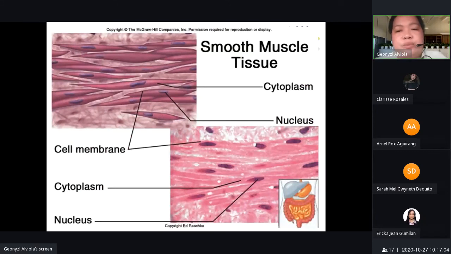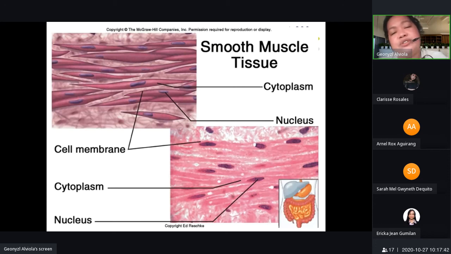Next, we have the smooth muscle. Okay, based on the appearance of the muscle cell of smooth, spindle shape. Some books would say needle-like, pointed at both ends. At the same time, arranged in parallel or smoothly arranged cells. One cell, one nucleus per cell.